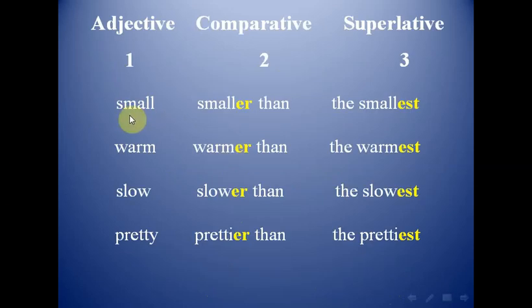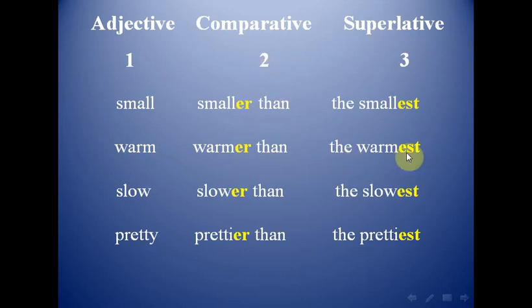So, for an adjective like small, if we're comparing two things, we're gonna say smaller than. Remember, we're comparing two, we use than. When we're comparing three, we add est and we use the smallest one. For an adjective like warm, we say warmer than if we're comparing two.